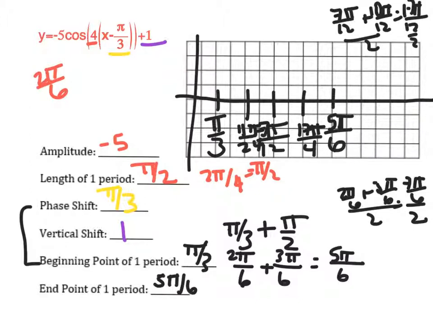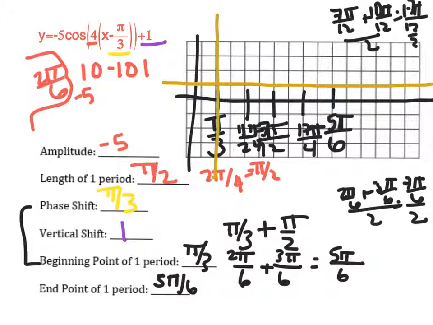So I'm going to mark my two shifts. Again, I'm going to mark my pi over 3, and I'm going up 1. That's a pretty ugly color, but my amplitude is -5. So if it's cosine, it was 1, 0, -1, 0, 1. Now it's -5, 0, 5, 0, -5 from my translated axes.